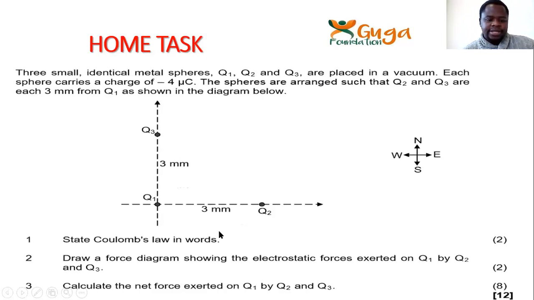Now use Coulomb's law. Draw the free body diagram showing the electrostatic forces exerted on Q1, Q2 and Q3. Calculate the net force exerted on Q1 by Q2 and Q3. This is your home task. Work on this. If you've got any question, you can submit it in the comments.